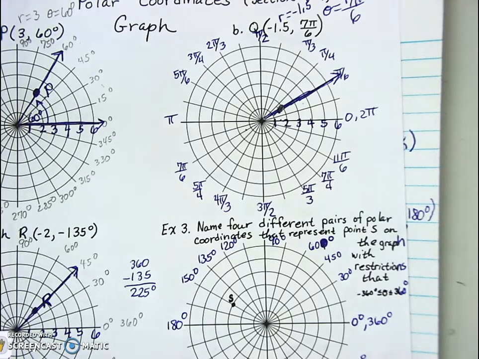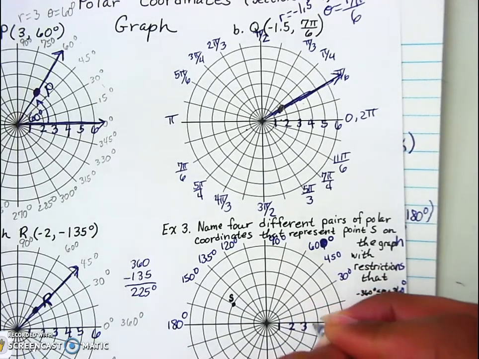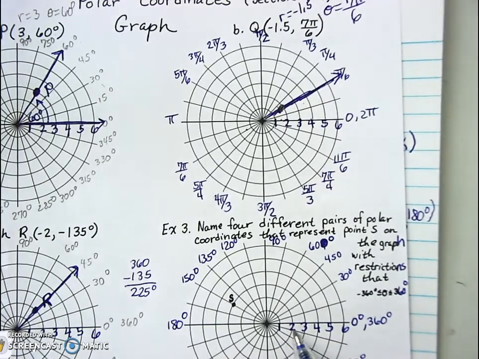All right, so we have that part happening. Now, let's label this 1, 2, 3, 4, 5, 6. If you look at it, this is on circle 3, and our angle is 150.